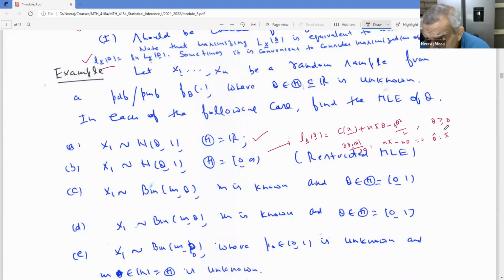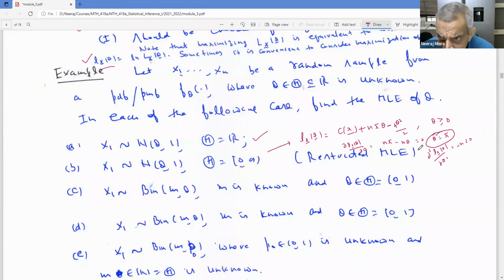But your x bar may not be greater than or equal to 0. So this would be an interior point only when x bar is greater than 0. And you can look at the double derivative, which turns out to be minus n, which is less than 0. So this would be the MLE if x bar is greater than 0.